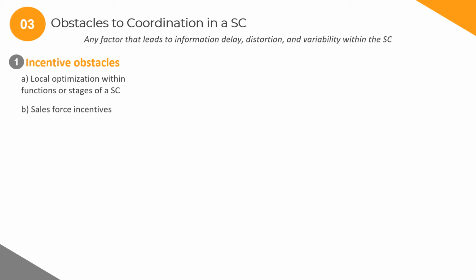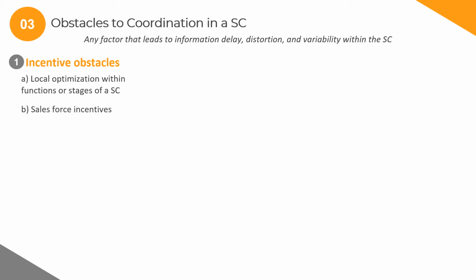The first incentive obstacle is local optimization within functions or stages of a supply chain. For example, managers at a retailer make all their purchasing and inventory decisions just to maximize their own profits, not the total supply chain profits.